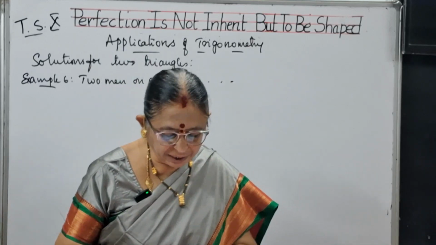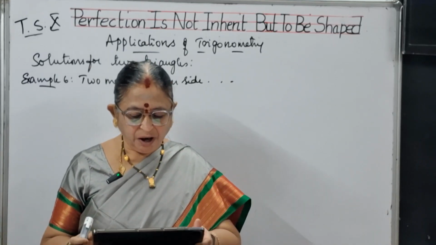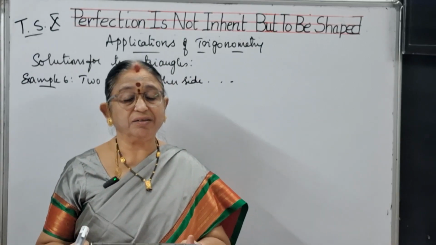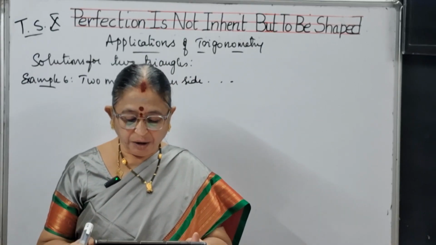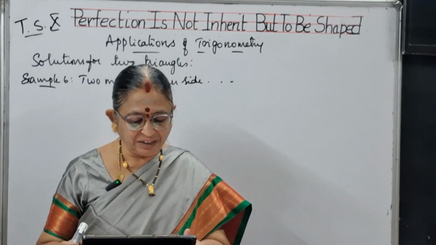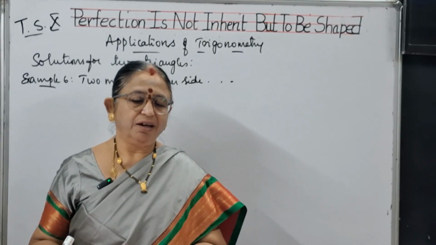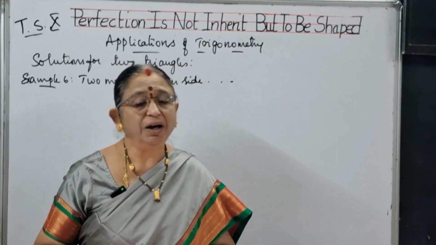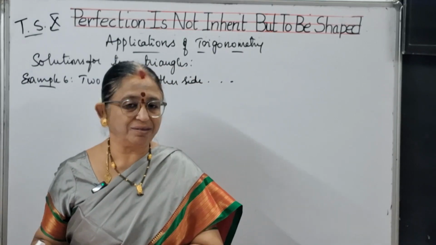Two men on either side of a temple of 30 meters height. Temple height is given as 30 meters. They observe its top at angles of elevation of 30 degrees and 60 degrees. One person is standing on one side of the temple and another person is standing on the other side.